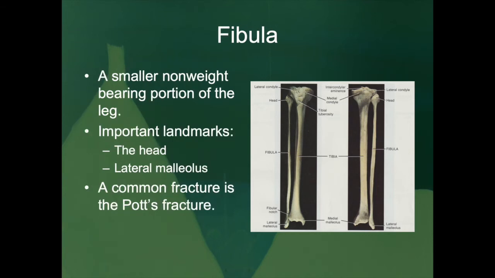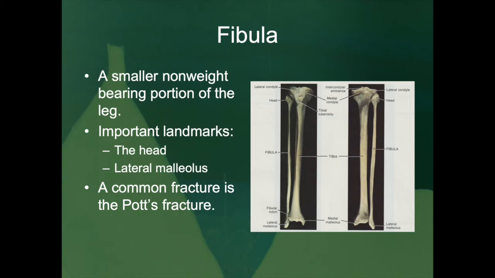The fibula is parallel and lateral to the tibia. It is considerably smaller than the tibia, and in terms of weight bearing, we would consider it to be a non-weight bearing bone structure in this portion of the leg. The head of the fibula, the proximal end, articulates with the anterior surface of the lateral condyle of the tibia below the level of the knee joint.